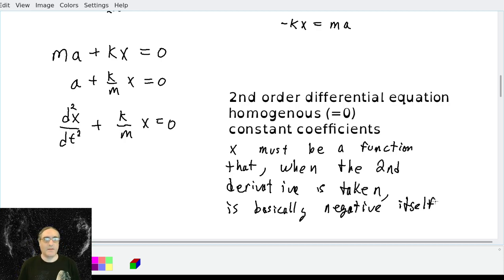So x has to be something where you take the derivative and it gives back something that's similar enough to itself that when you take the second derivative, you get back basically the same function, but with the minus sign.